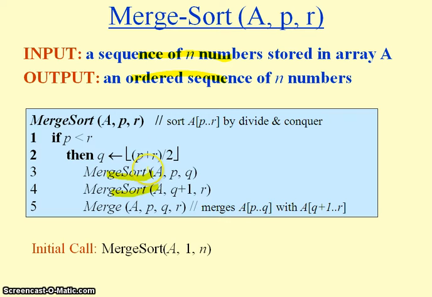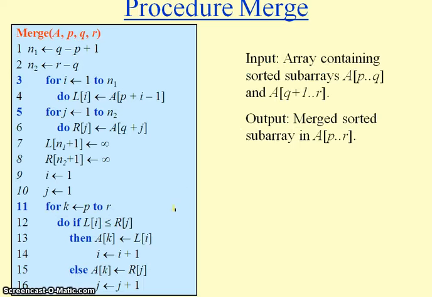These two are the subproblems for the original problem of size n, and finally the solutions of these two halves are combined to obtain the solution for the original problem. So what do we do in merge? In merge, the n by 2 elements of the first half are compared with the n by 2 elements of the second half and copied into the original array A.